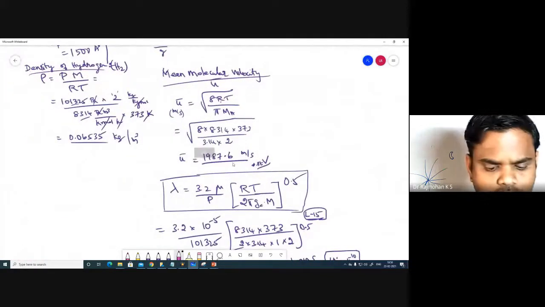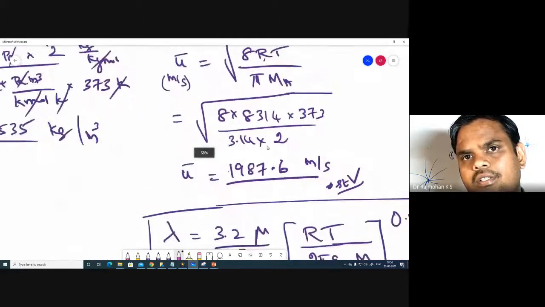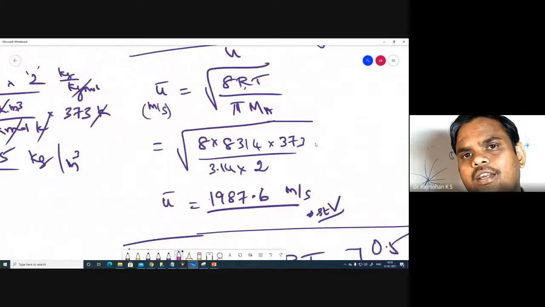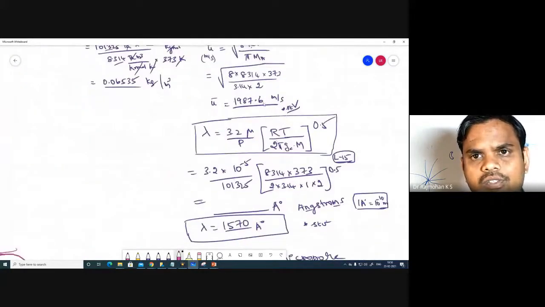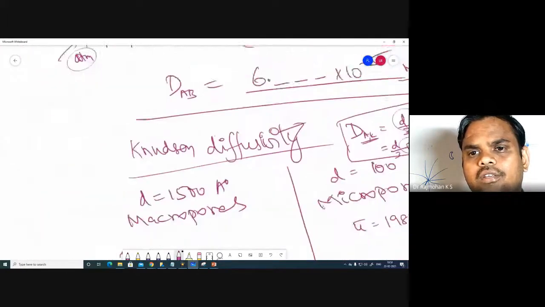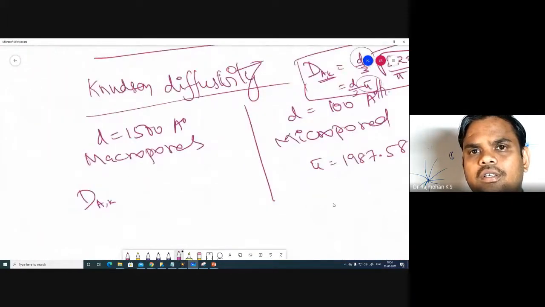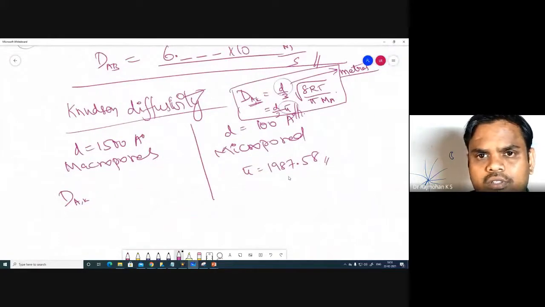We have this U bar value 1987.6. Okay, so in the beginning, that's why we calculated and kept it ready. U bar is square root of 8RT by pi into MA, 1987.6 meter per second. I just rounded here, so that will be made use here.